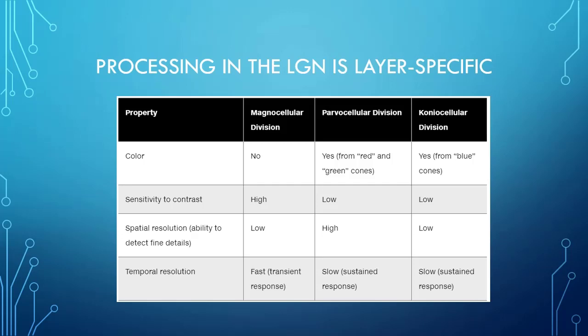Putting this back into our circuitry for a minute, one thing that's important to point out is that we talked last class about this idea that the processing in the lateral geniculate nucleus, or LGN, is very specific depending on the layer. And so what this means is that these ganglion cells, and of course the information coming through the cones vicariously, are traveling in a very specific path.